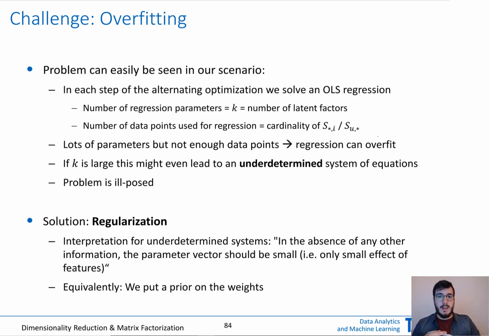Okay, so overfitting is an issue, and you already know how to solve it, right? We've discussed this many times before. The simplest solution is to just add regularization. Regularization simply penalizes the length or the norm of the vector. The idea, just to remind you, is that if we don't have any other information, the length of the vector should be small, the norm should be small, because then it has a small effect on the outcome.